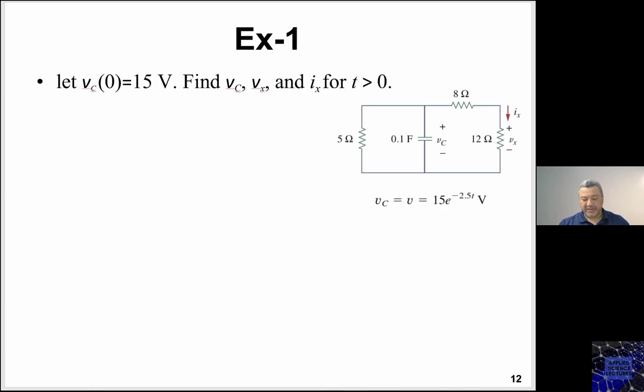Now let's look at this example. Here things will become clearer about what I have just introduced. In this circuit, we have an initial voltage stored in the capacitor that is 15 volts. I don't have any other source in the circuit, so the energy in this capacitor is the only source of energy.